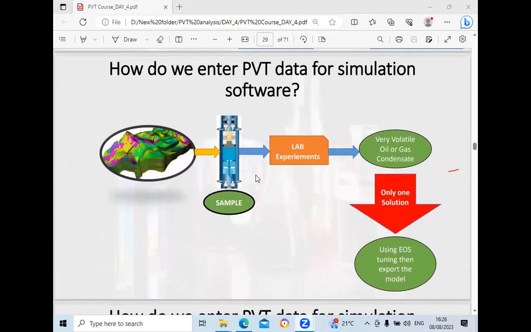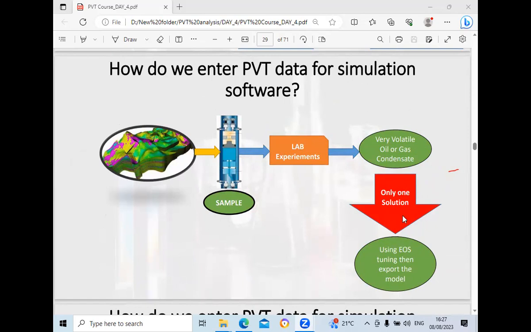So if you analyze your fluid and it ends up that the fluid is either a volatile oil, or a gas condensate, or a wet gas, not dry gas, because we have seen that for dry gas, we can use the black oil model.